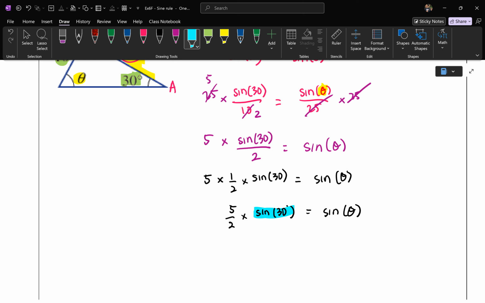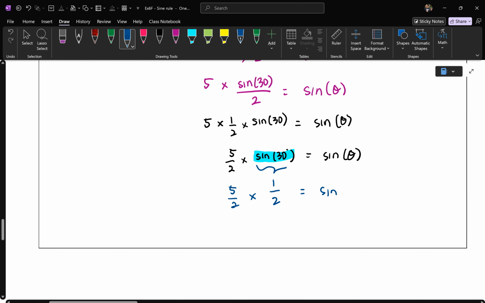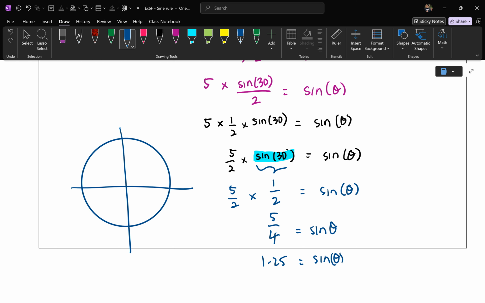Using your exact values, anyone remember what sine of 30 equals again? Half, 1 over 2. But you'll see a very big problem as soon as we multiply them together. Sine theta is equal to 5 times 1, which is 5, over 4, which is 1.25. Why is this a problem? Why is greater than 1 a problem? Remember the unit circle? Our maximum radius is 1.